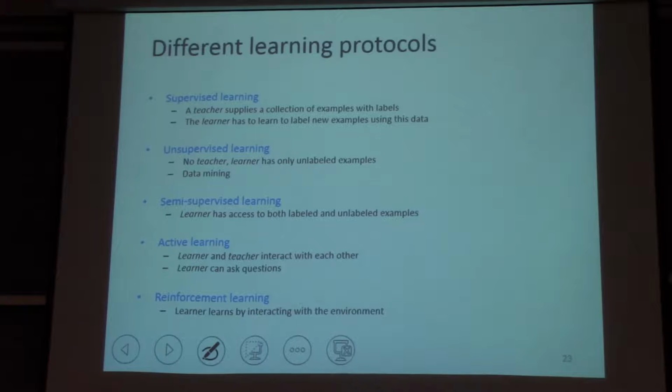In between these two extremes is something that is more realistic. It's called semi-supervised learning. In semi-supervised learning, there is a teacher who sits and labels a few examples and then goes away, and you have a bunch of unlabeled examples, and the learning algorithm has to figure out what to do with this whole collection of data. It could be anything.